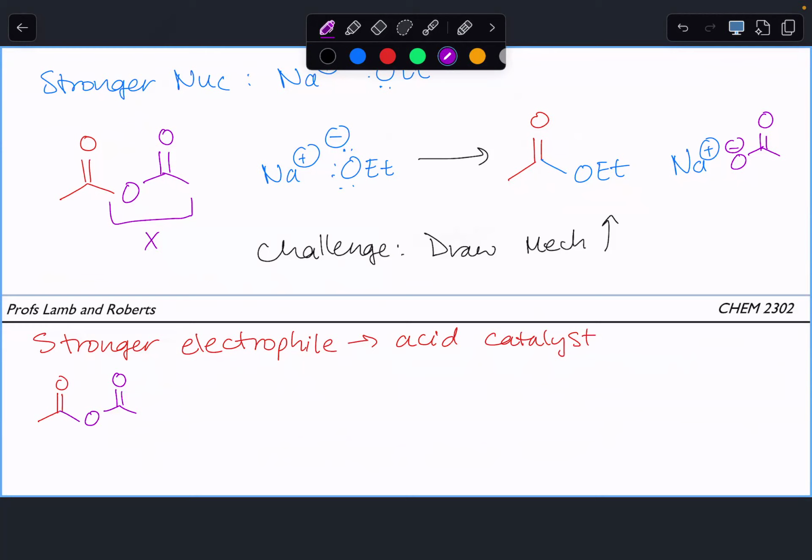So we first need to add our acid catalyst to make a stronger electrophile. So we're going to use H2SO4 again, because that's our kind of classic acid. Doesn't have to be. Right? So we're going to make our electrophile, which again is this carbonyl, more electrophilic. Remember how we talked about how the carbonyl oxygen is the most basic site on that molecule, so that's where it's going to protonate.